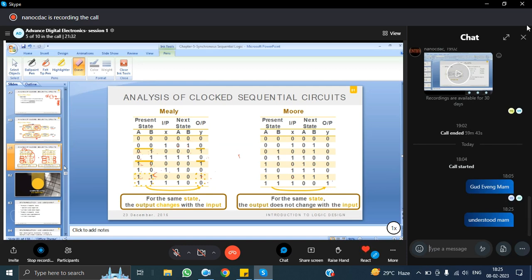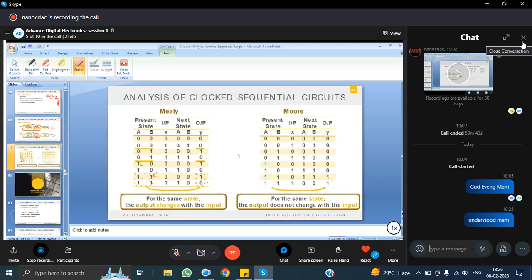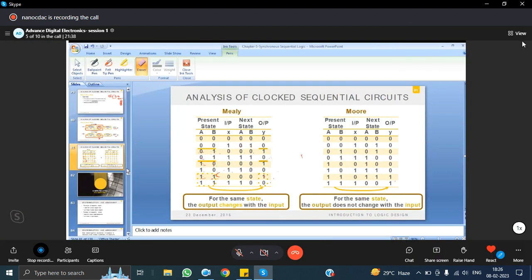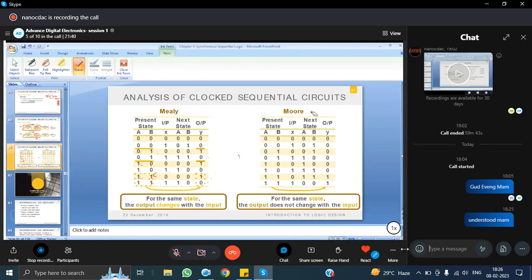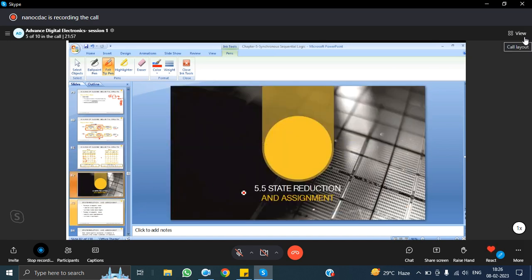So now we will see: we have seen the state table, equation, diagram, all of this. This is the state table, and now we will try to minimize the state table, that is state reduction and assignment.